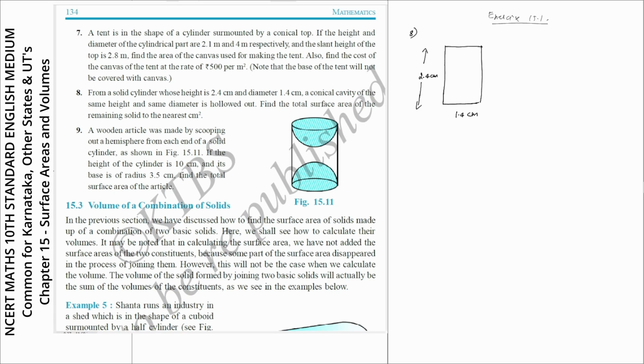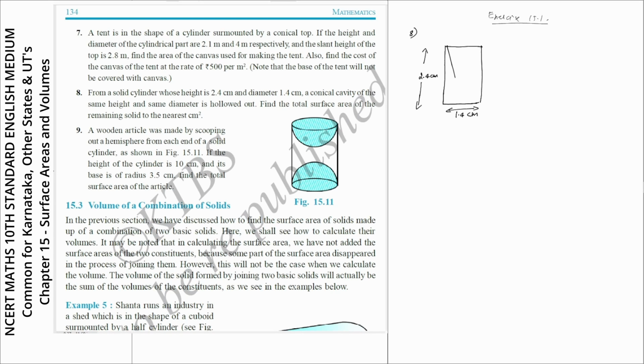So there is a cylinder, and the diameter of the cylinder is 1.4 centimeter and the height of the cylinder is 2.4 centimeter, and a conical cavity of the same height and same diameter is made on this one.